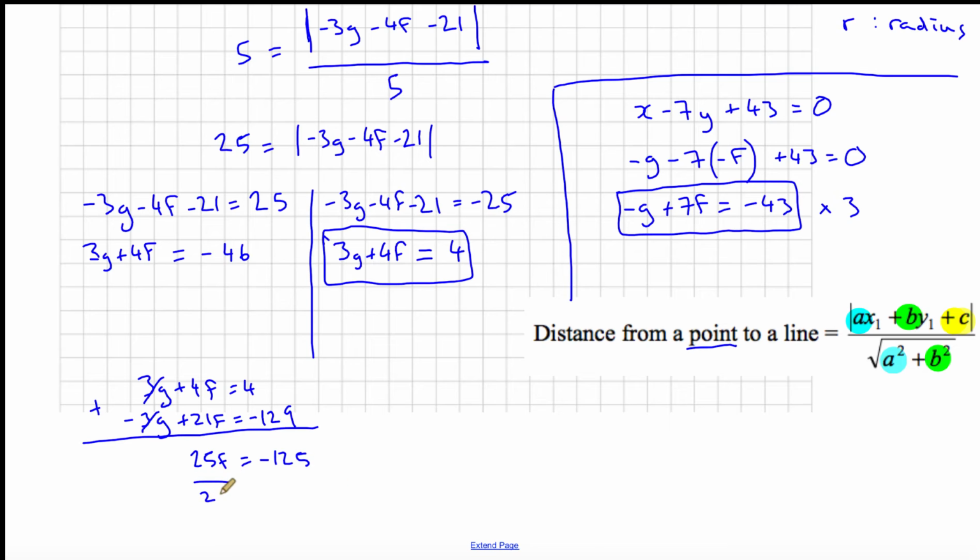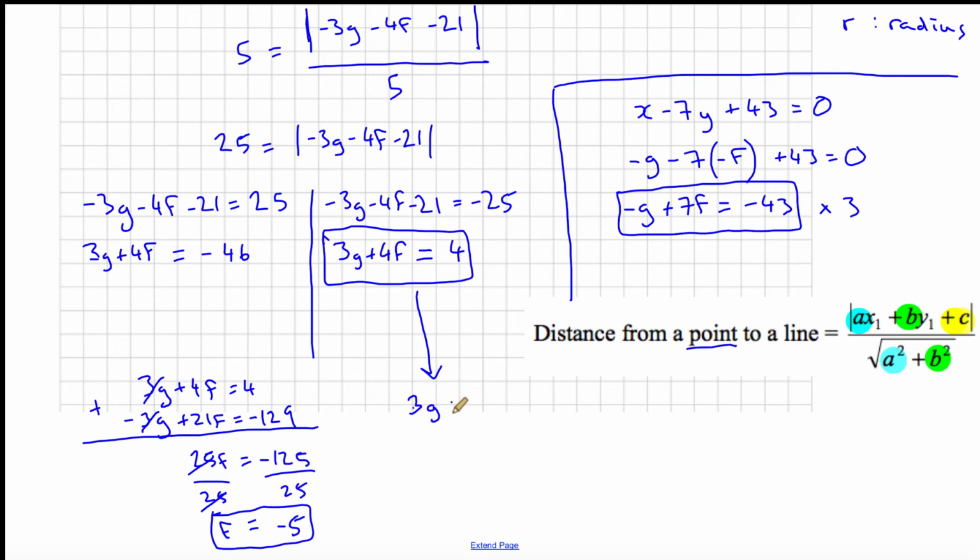So if I divide both sides by 25, they cancel on the left here, leaving me with f is equal to minus 125 over 25, which is minus 5. So that's my value of f. And now I can sub that back into any equation that I like to find g. So I'm going to take this one here.